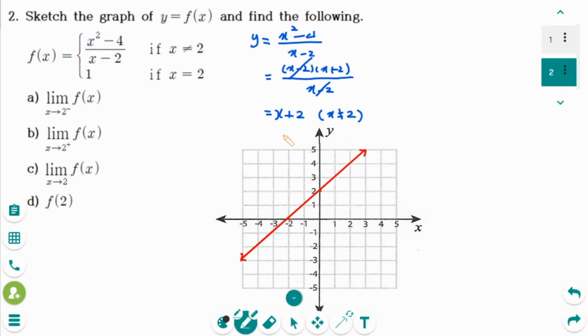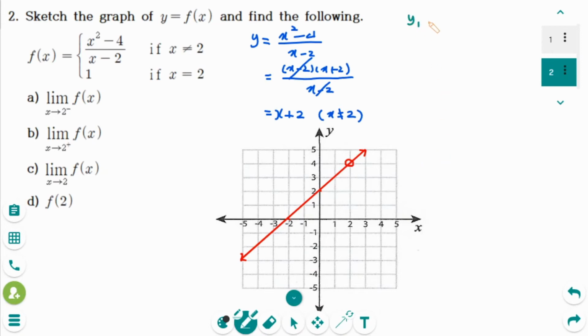But x does not equal 2, so we can make a hole when x equals 2, like this. This hole is actually very, very small, so you can't see it. You can check with your graphing calculator.